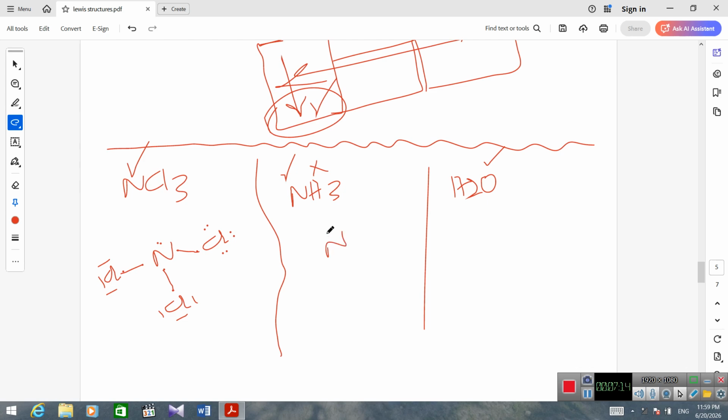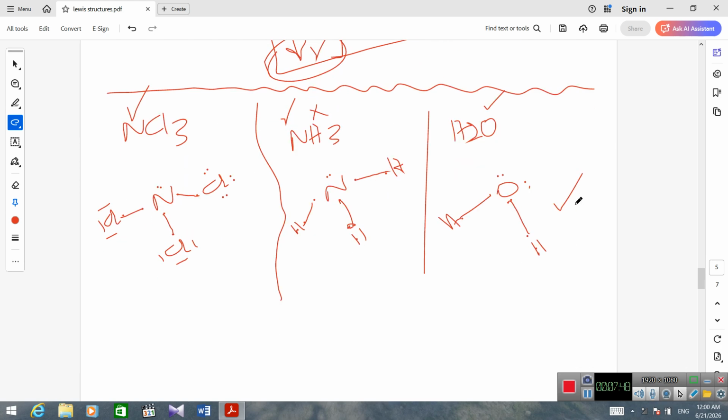NH3: nitrogen from group 15, and hydrogen has only one electron, and this is the Lewis structure of NH3. For water, oxygen from group 16 has 6 electrons in the valence shell, and 2 hydrogens can be connected, and this is the Lewis structure of H2O.